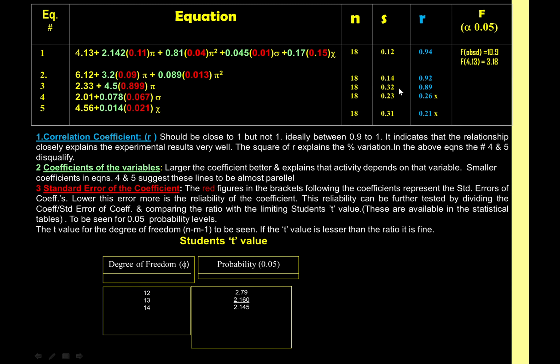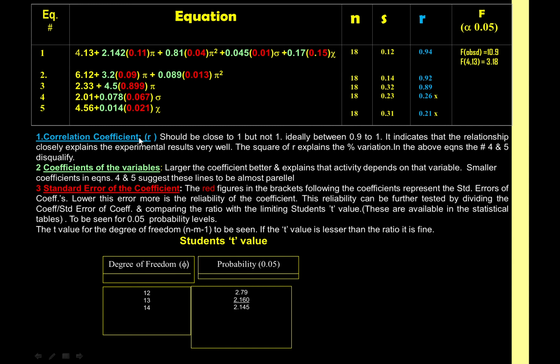My standard error came very less, fine. My regression coefficient actually shows that there is a correlation between the biological activity and the independent variable. If it is very good, it should be somewhere between 0.9 to 1, but not 1. And generally for QSAR, something about 0.9 plus is acceptable.